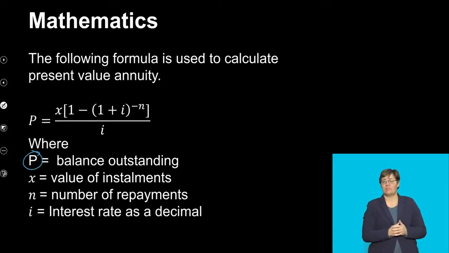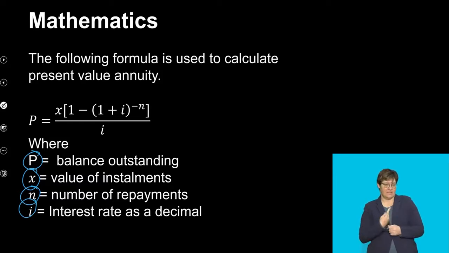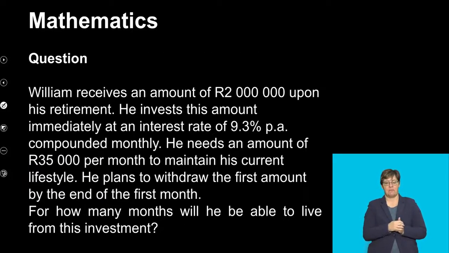P is normally the balance outstanding, because that's the money that you took as a loan, or a bond, or a hire purchase in terms of buying a car. X will be the value of the installments, n will be the number of the repayments, and i will be the interest rate as a decimal. It's the same thing with the future value. It only differs with the formula itself and the letter P to mean present value.